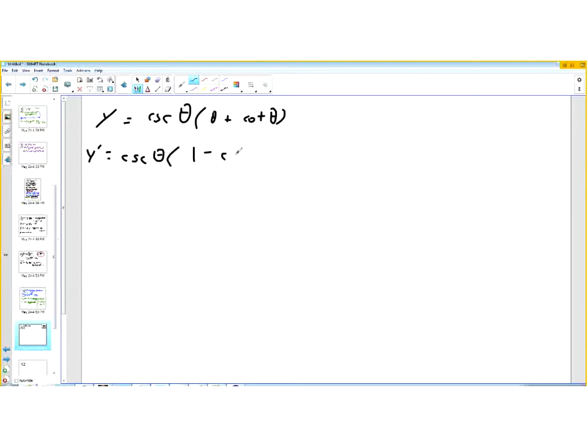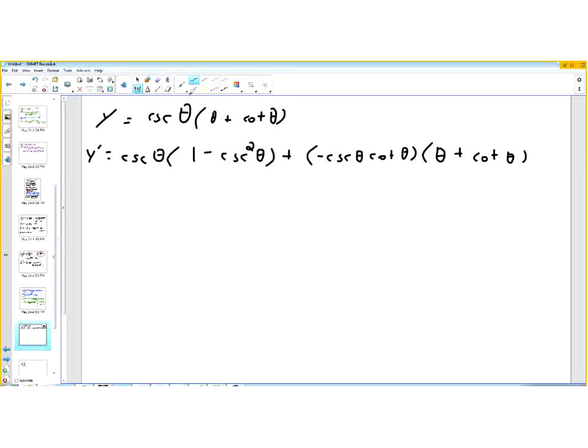That would be 1 minus cosecant squared theta, plus, now the derivative of the cosecant function is minus cosecant theta cotangent theta times theta plus cotangent theta. And let's see, can we simplify this? I don't think so. So we can leave the answer like that.